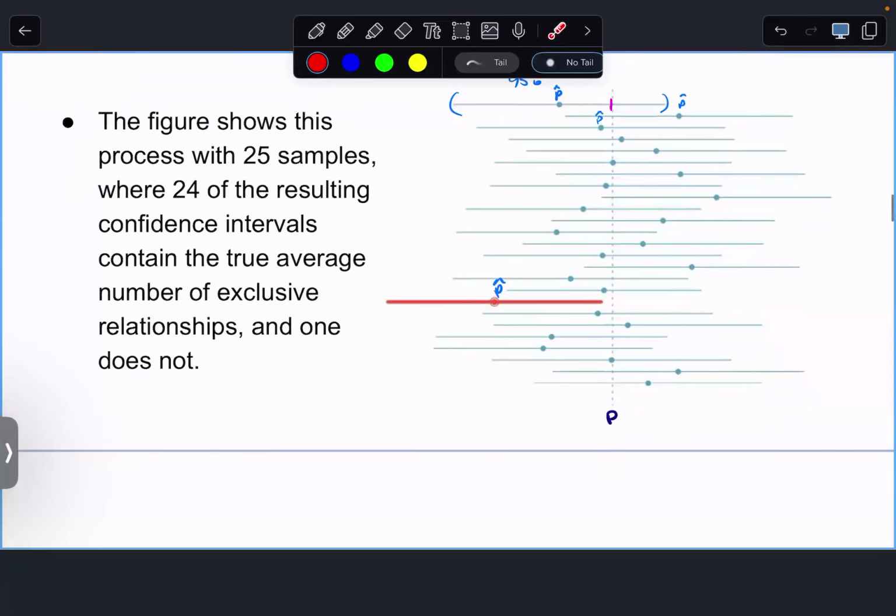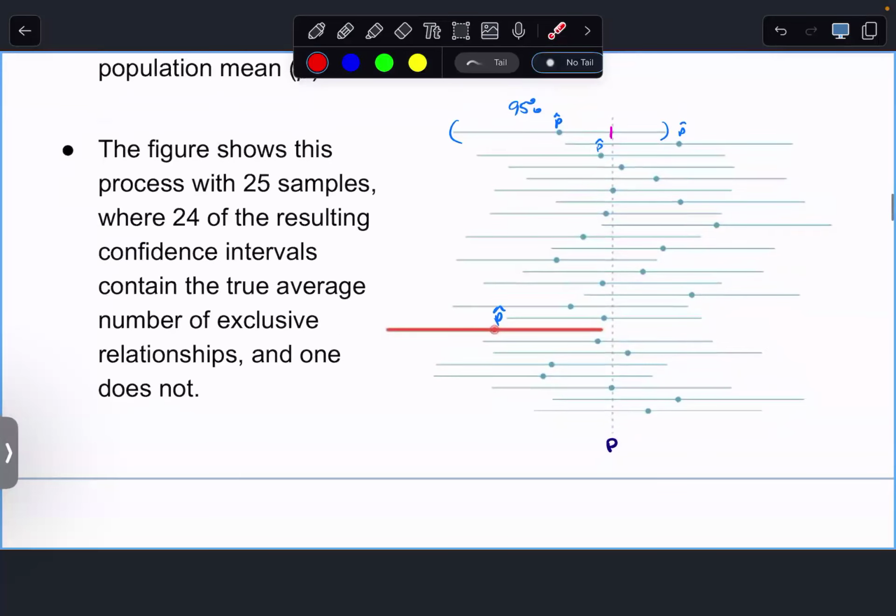So here, P is the population proportion, and in this case, it is not capturing it. And that's where the 95% confidence comes from.